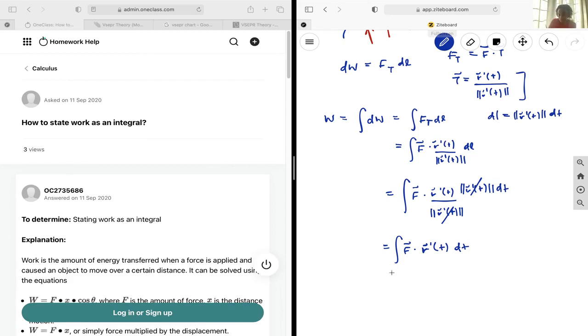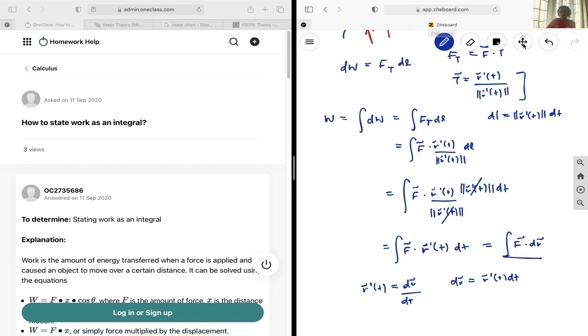And then lastly, you just need to remember that r prime of t is equal to dr over dt, which means that we can state dr is equal to this, which will simplify this to become the integral of F dot dr. And this will be our final answer.